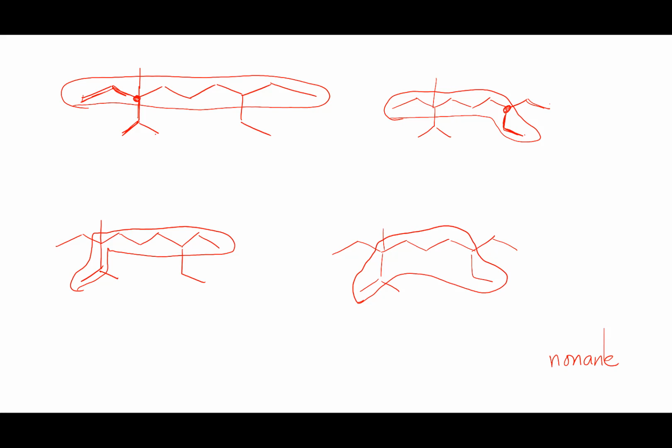If this methyl group wasn't here, they would be identically the same, but it is. So there is a difference in terms of the 2 starting points on the left. Everybody okay with that? Yes?